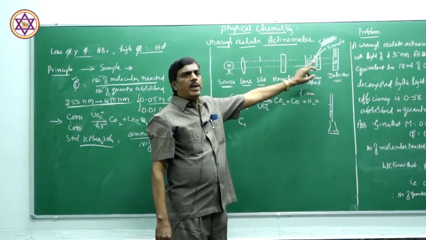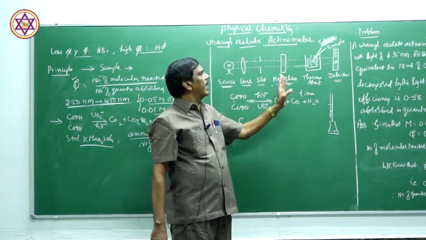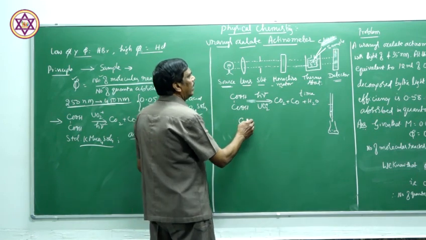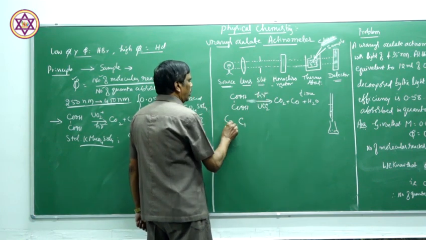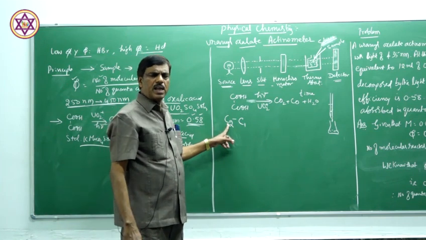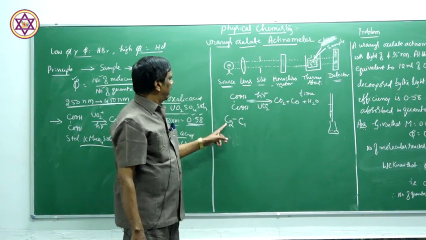The absorption of light by the solvent can be neglected by subtracting it. C2 is for the light absorbed by the sample for the reaction at time t.